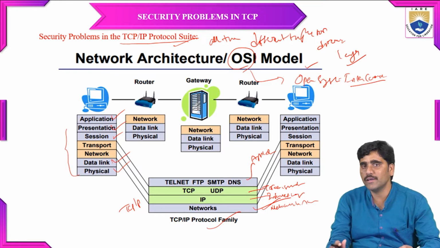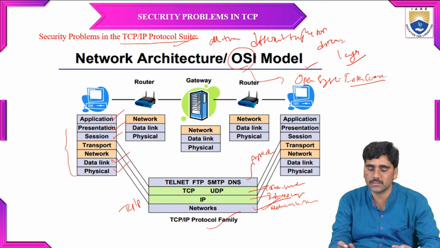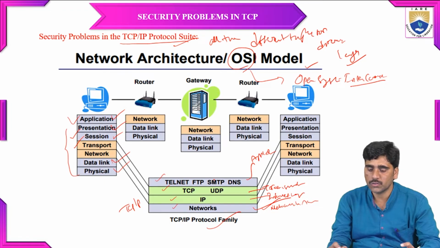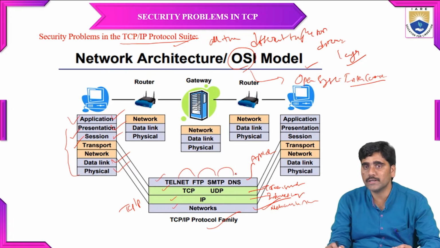Each layer has different protocols in the OSI reference model, and we also have different protocols in the TCP/IP reference model. Combining all the protocols that are implemented to transfer the data from lower level to higher level, that is called the TCP/IP protocol suite.